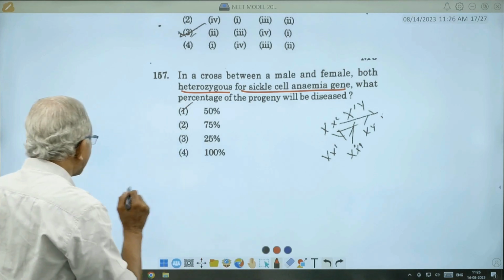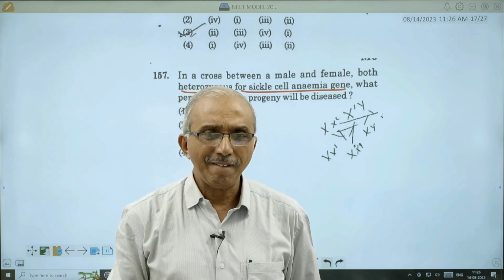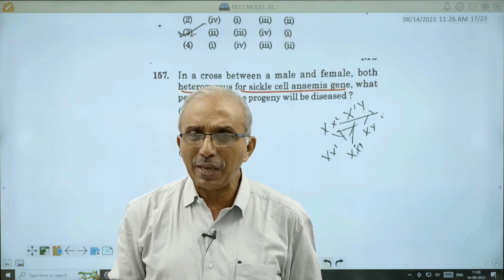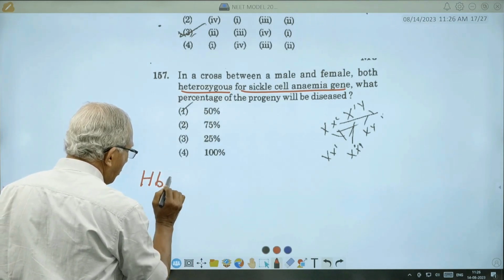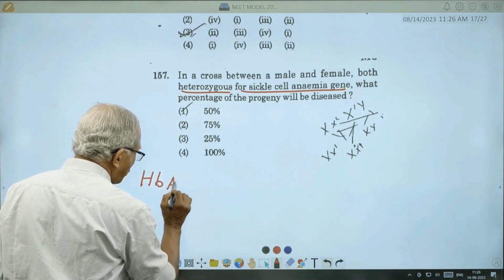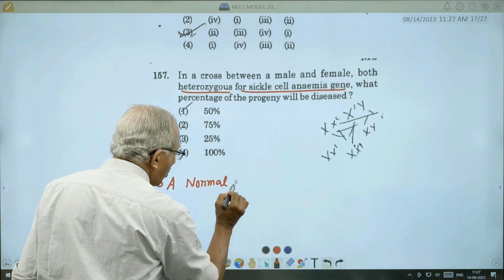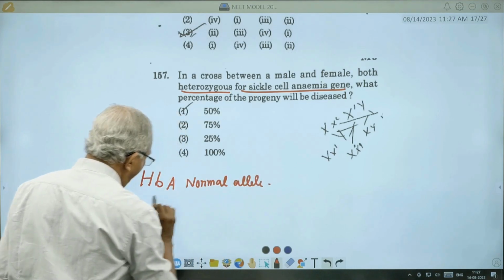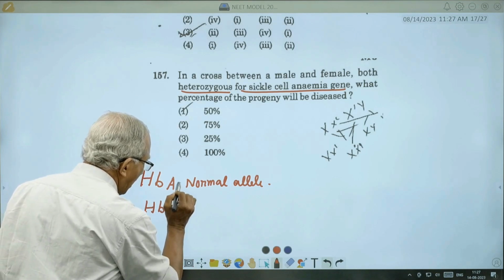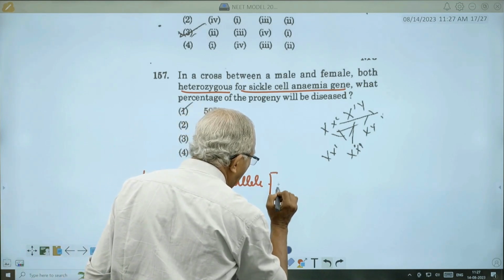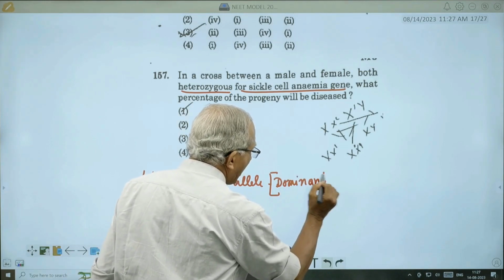Sickle cell anemia is due to a recessive allele. HBA is the normal allele, the dominant allele.